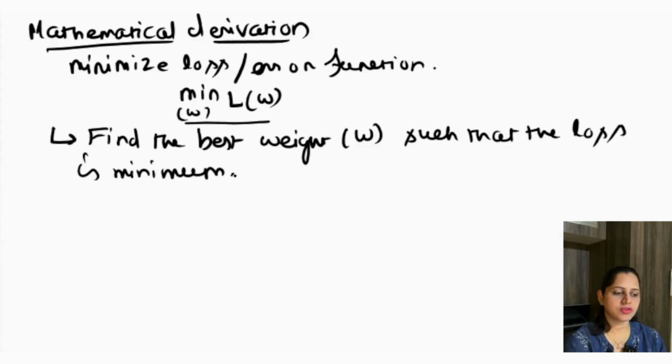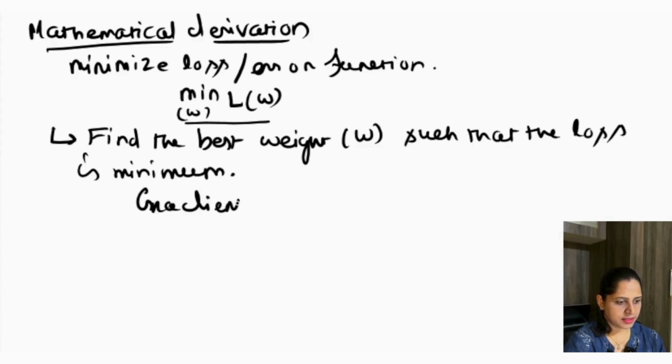When backpropagation happens, the weight should be best updated so that the loss is minimum. That's why weight updation happens in backpropagation, because it updates weights based on the gradient. And what is the gradient?